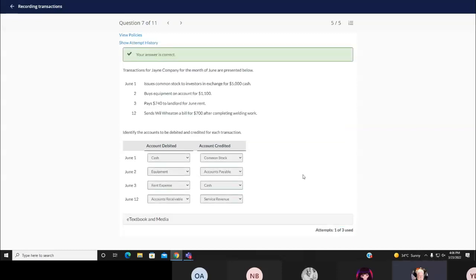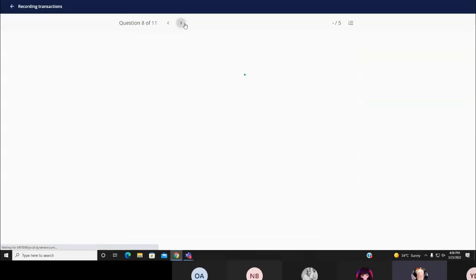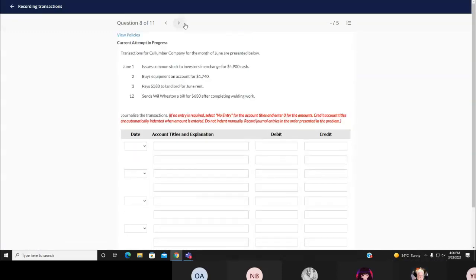Okay. All right. 8. There we go. Now, okay? Now, what you do is you put the name of the account here and you debit or credit. So, issued common stock in exchange for 4,900.